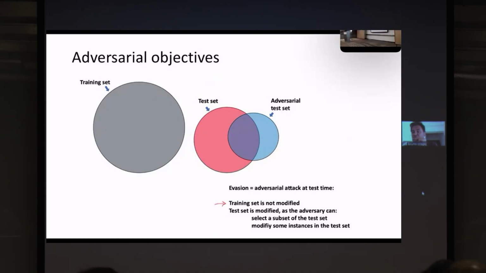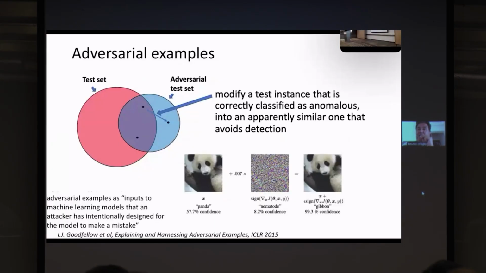One is to find a false negative, selecting one of the false negatives that gets undetected by the classifier of the defender, or also to modify some instances of the test set that are anomalies, but by changing them, they come to be undetected by the classifier. And these are the adversarial examples.